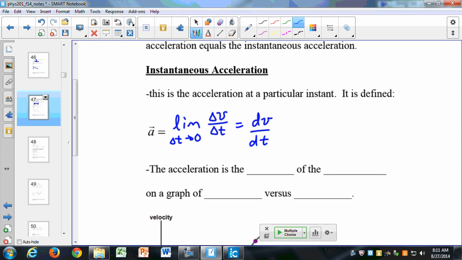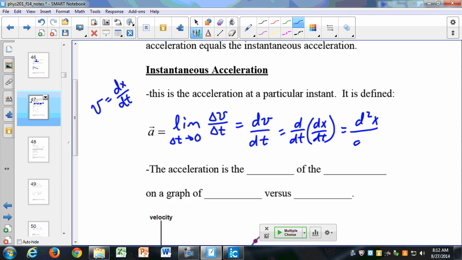Or if you want to write it again, since I know that v is equal to dx/dt, how is the acceleration related to the position in derivative? It's the second derivative, right? So this would be the same as writing d/dt of dx/dt, the derivative of dx/dt, which is the second derivative of x with respect to time.